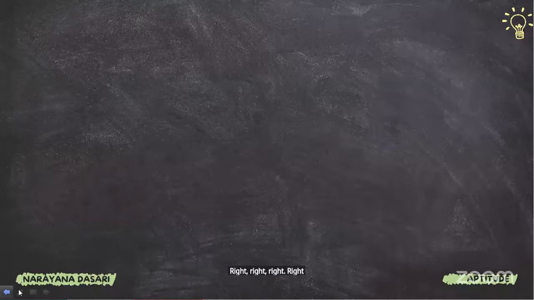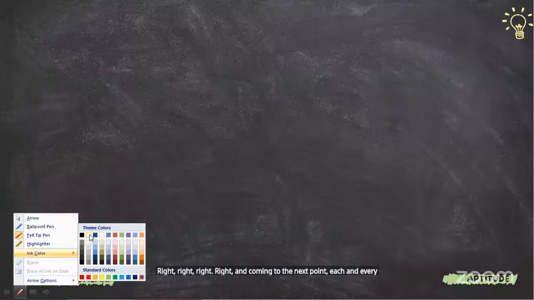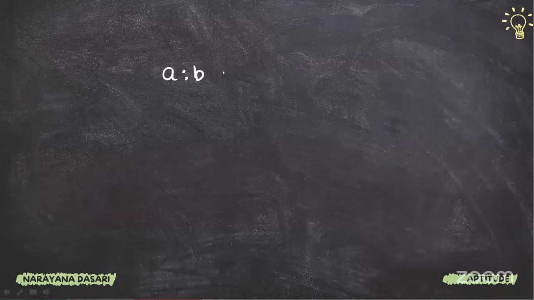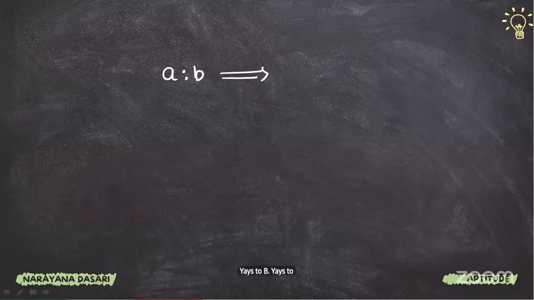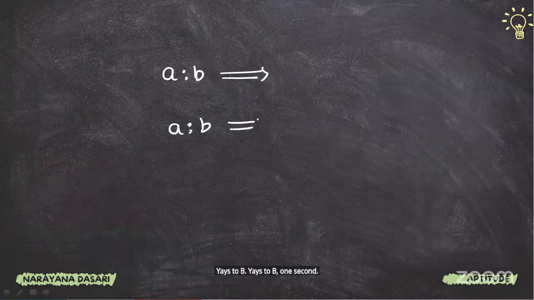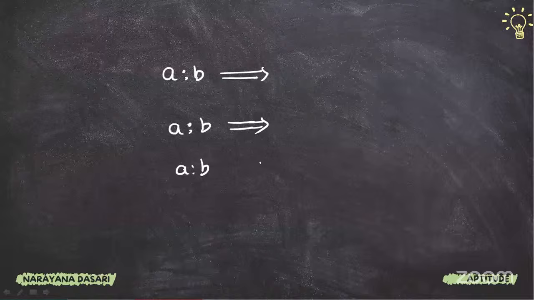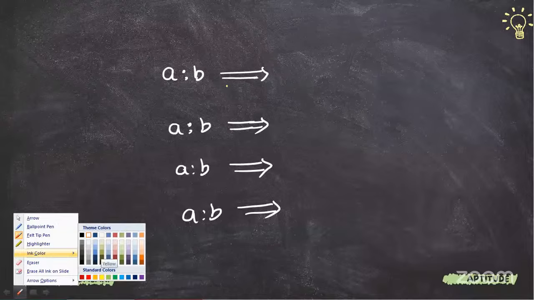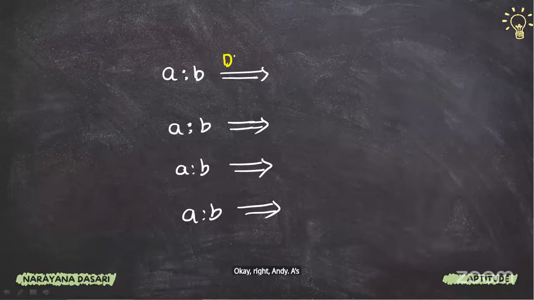And coming to the next point, each and every point is very, very important, guys, here. Next one is A is to B duplicate ratio.